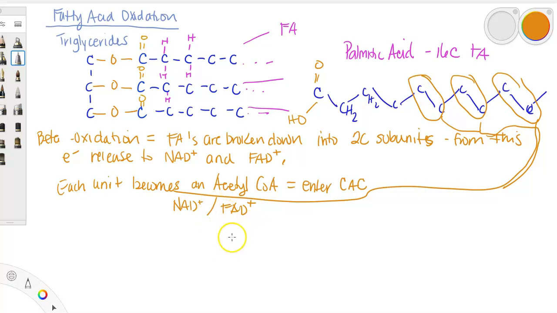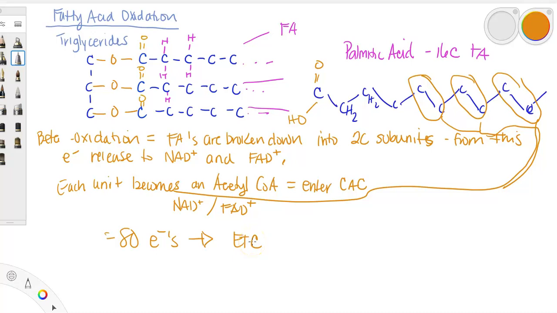Okay, so that's how fatty acids are broken down for ATP. Okay, so again, we're getting about 80 electrons to go into the electron transport chain.